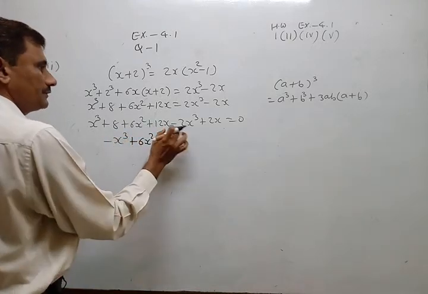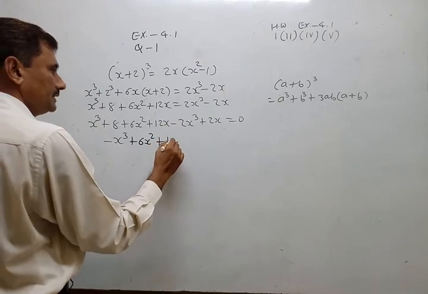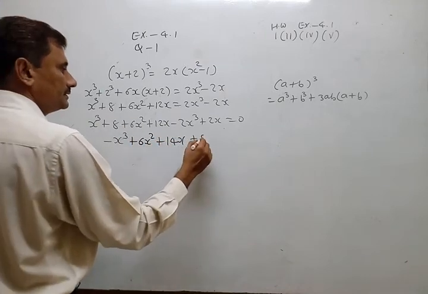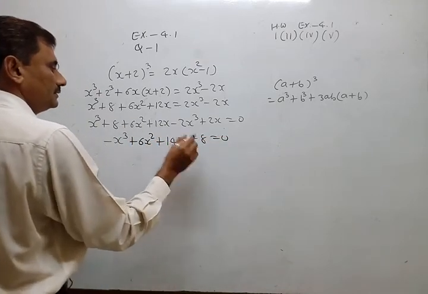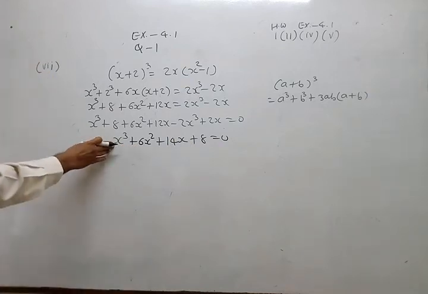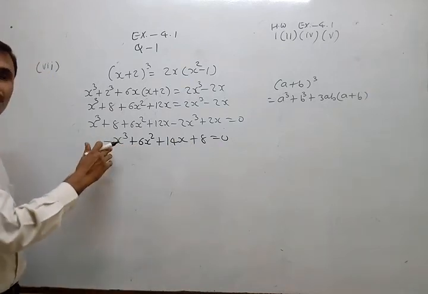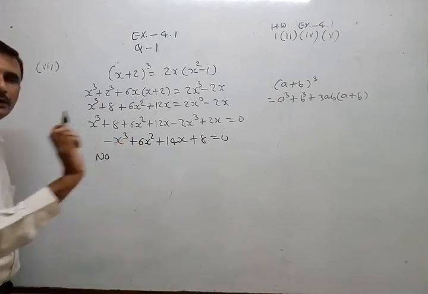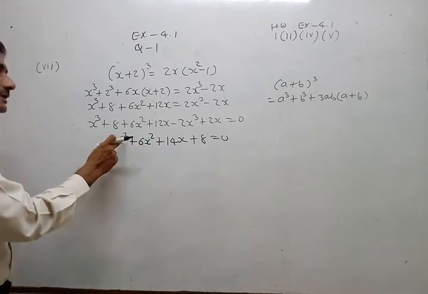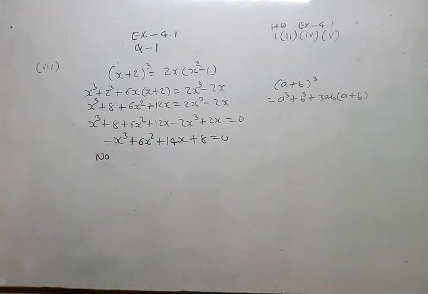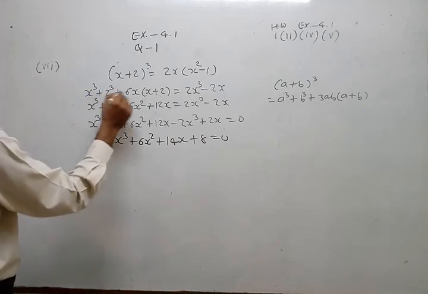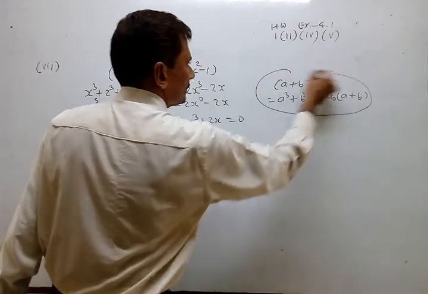I just added 12x plus 2x, 14x, and the number is only plus 8. Okay. Now obviously it is cubic, not quadratic. So no, it is not a quadratic equation because the degree should be 2, here it is 3. Okay. So no. Understand? And you should know this identity also when a whole cube is there.